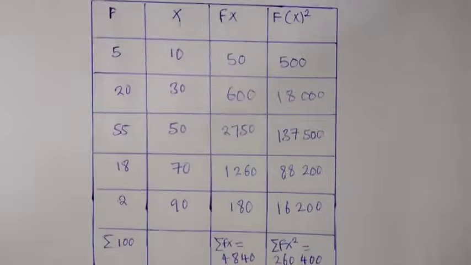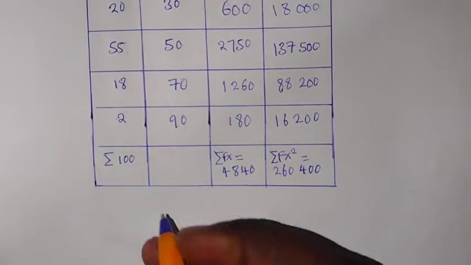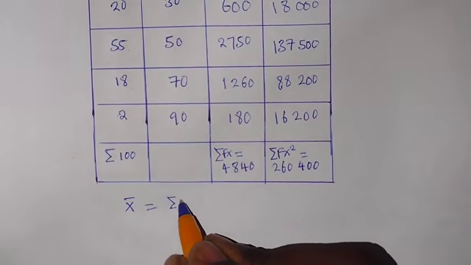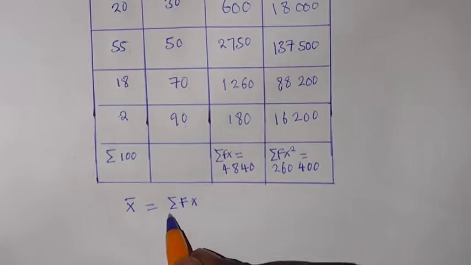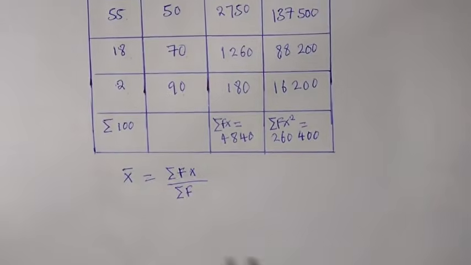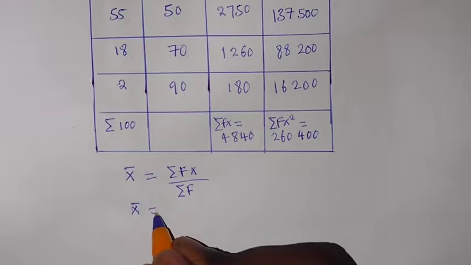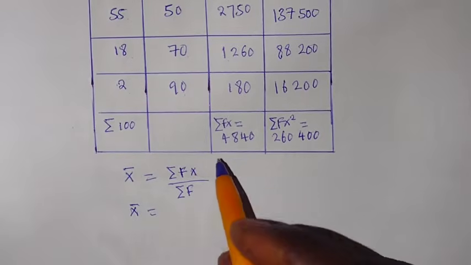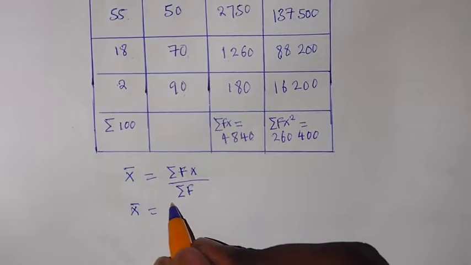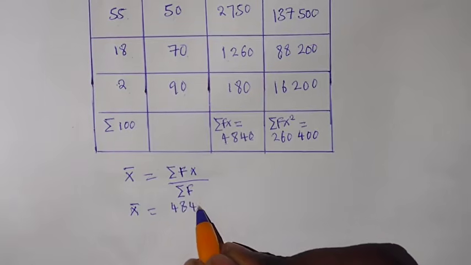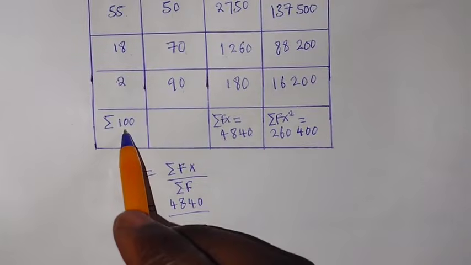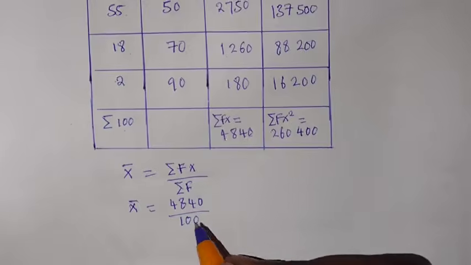To find the mean, just write mean is equal to summation of fx divided by summation of f. The summation of fx is this value, 4840, divided by summation of f, which is the frequency, 100.